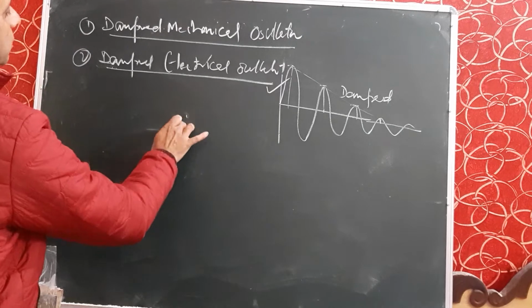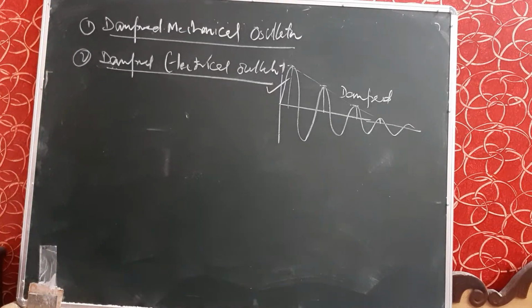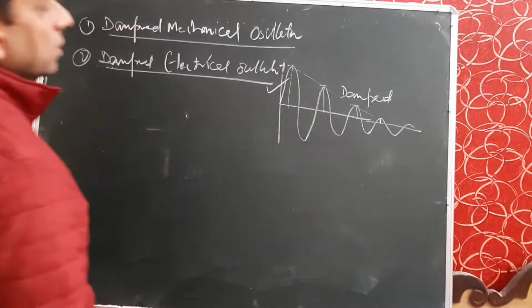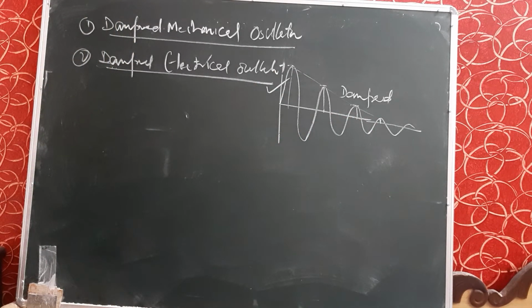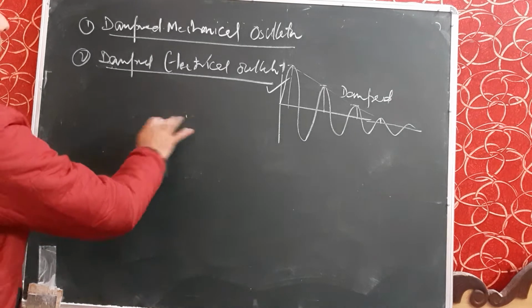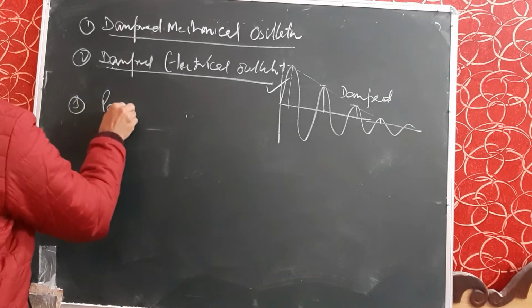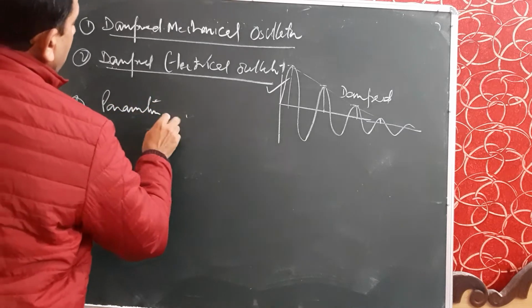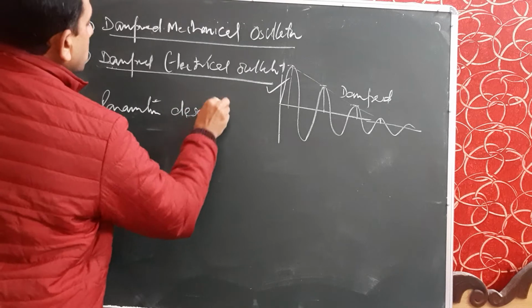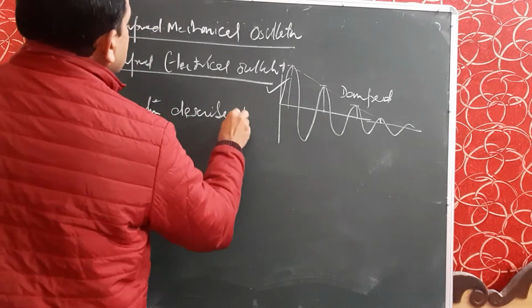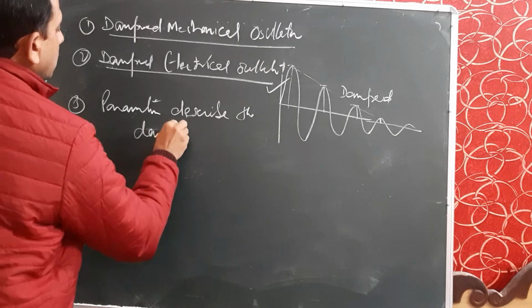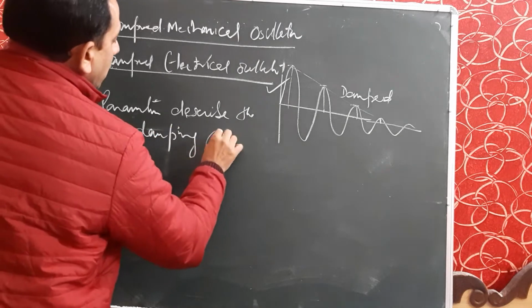And then we will find the physical factors or physical variables which determine the damping, the physical parameters which are responsible for describing the damped oscillations. The parameters which describe the damping are called damping parameters.